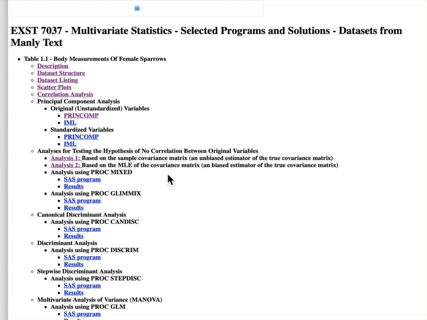That particular adjustment takes it from the MLE to an unbiased estimator of the true covariance matrix. In other words, that scalar multiple takes it from the MLE to what we call the sample covariance matrix. That multiplicative factor cancels out in the calculation of the test statistic, and so that is why we can actually use the information provided in the principal component analysis in order to calculate the value of the test statistic.